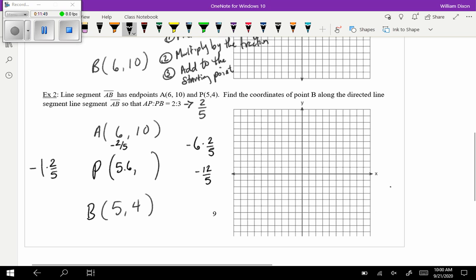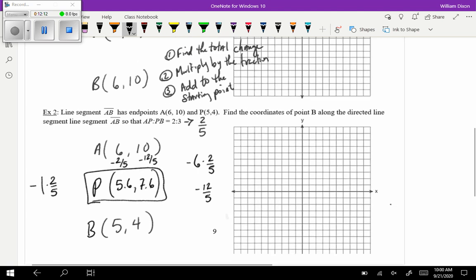So what I'm going to do is subtract 12/5 from 10. Okay, when I subtract 12/5 from 10, I am left with 7.6. So that's my point.